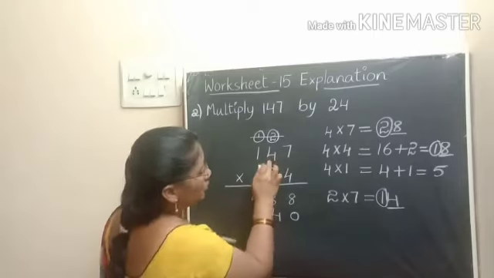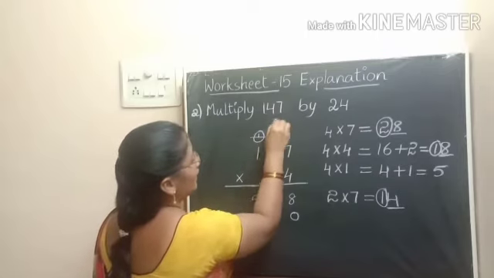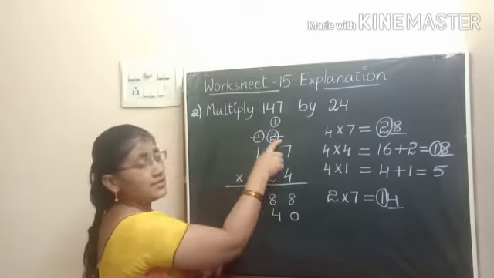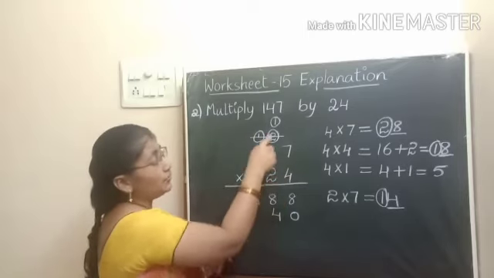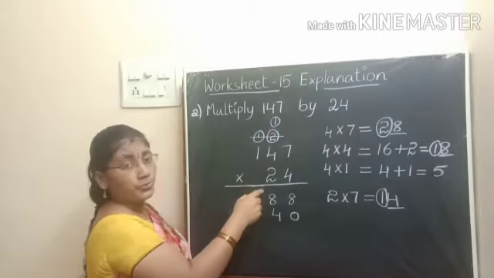What is the next place? That is tens place. So, we should write 1 as carry here. Just ignore these carries, these belong to 4. Understood? Now, this is the carry while we are doing multiplication with 2.